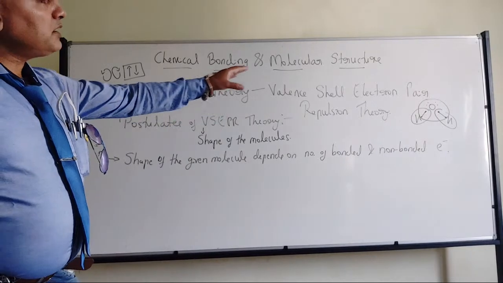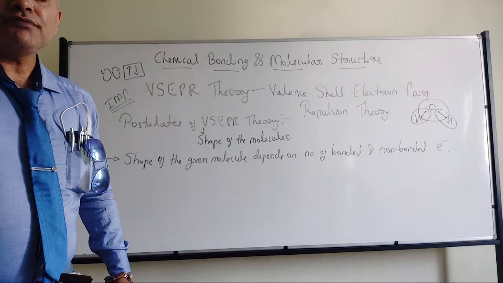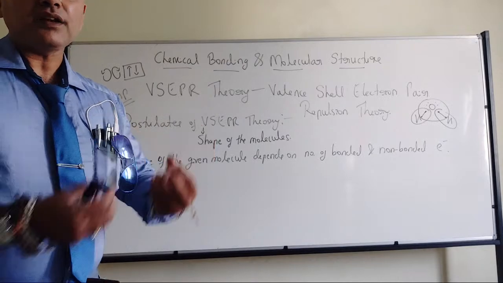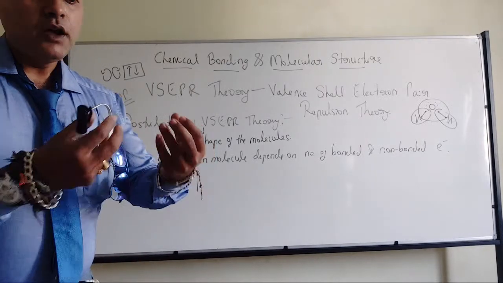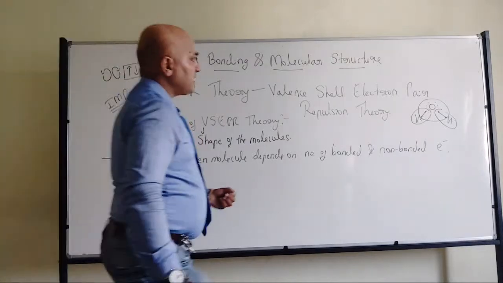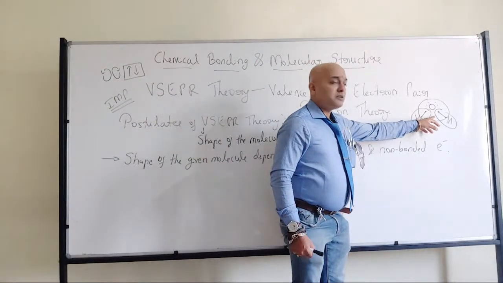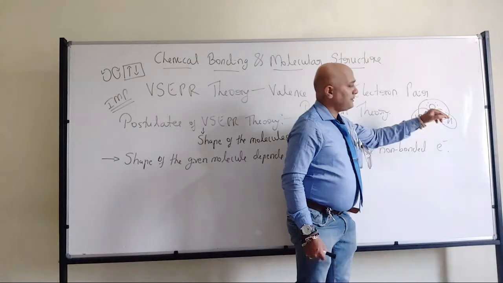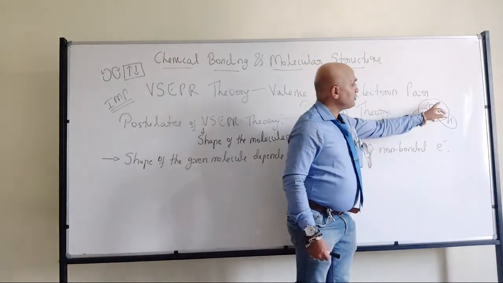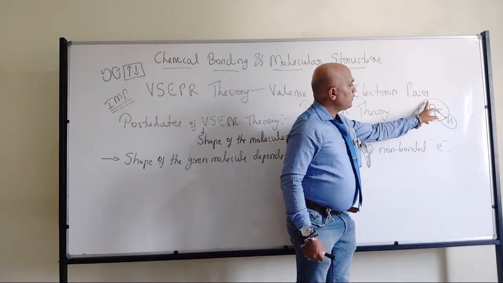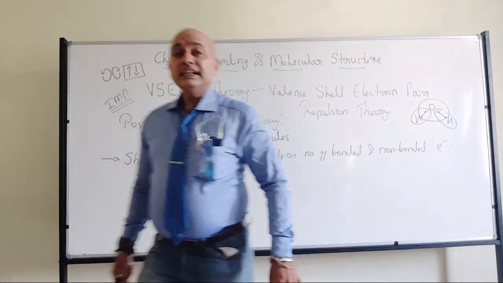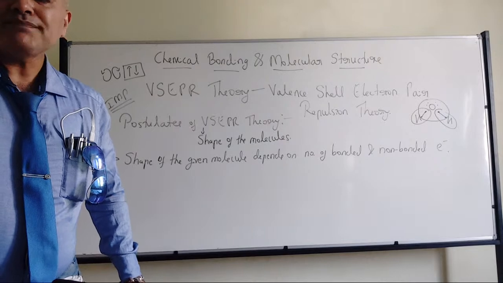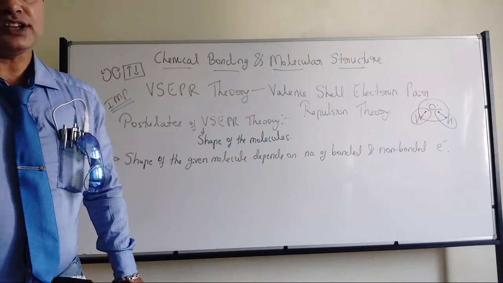But when I am talking about the shape of the molecule, naturally we have to consider the repulsions happening between lone pair electrons, between bonded pair and bonded pair electrons, and also between lone pair and bonded pair electrons, because electrons have the same negative charge, therefore they will be repelling each other.